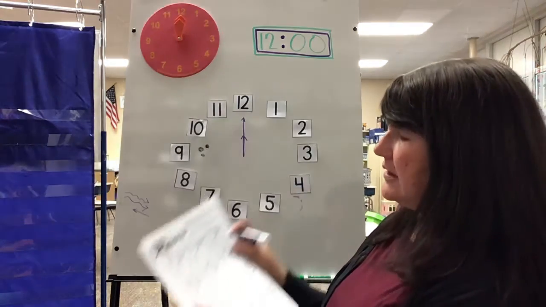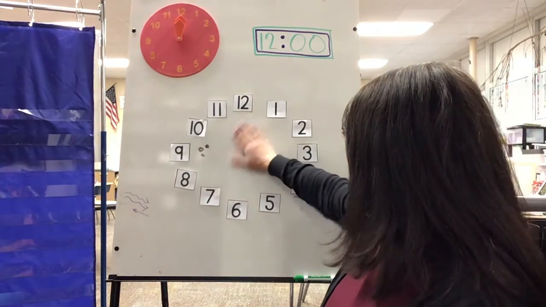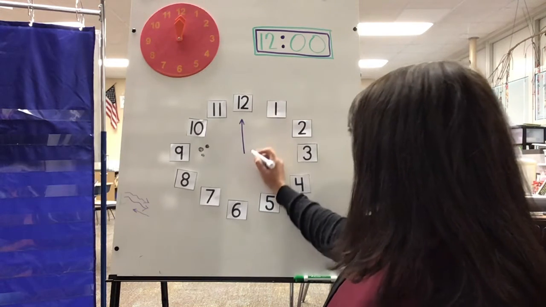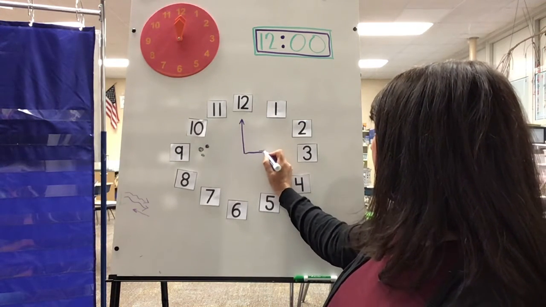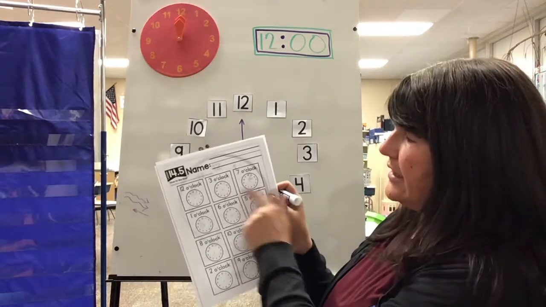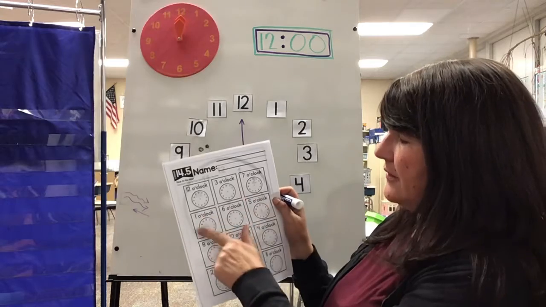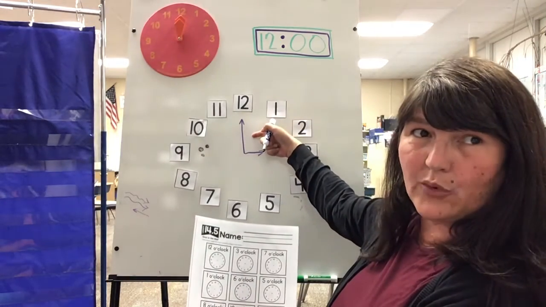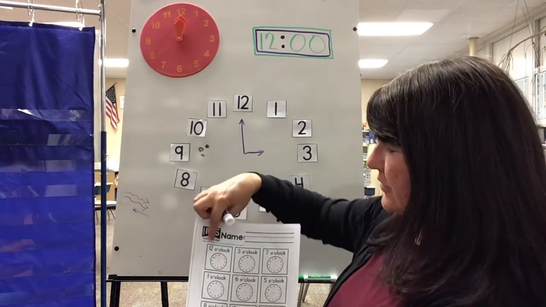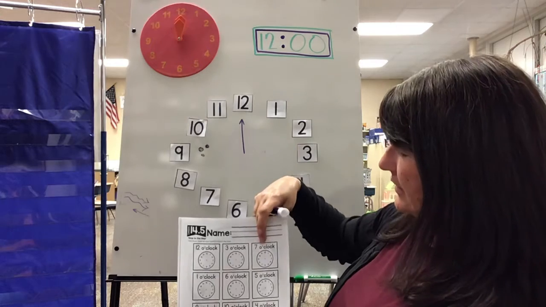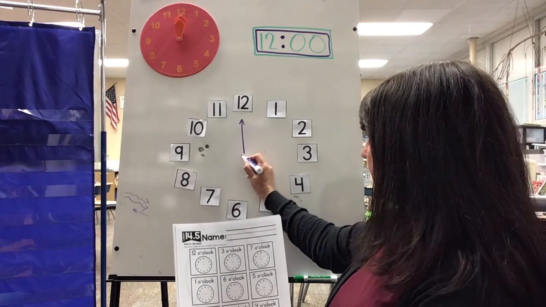The next one says 3 o'clock. So again, the long minute hand is pointing at the 12, but the shorter hour hand is pointing at the 3. That's 3 o'clock. All of these say o'clock, so you're always going to have your long hand pointing at the 12. And then whatever the number is, your short hand, the hour hand, will be pointing at that. Like this one says 7 o'clock.